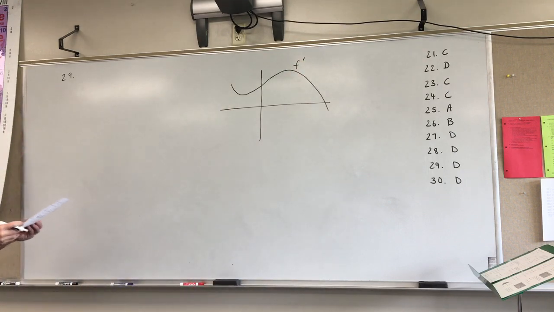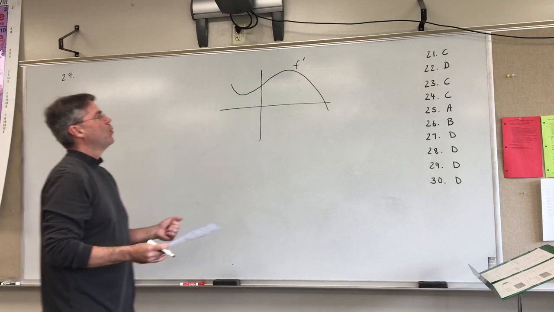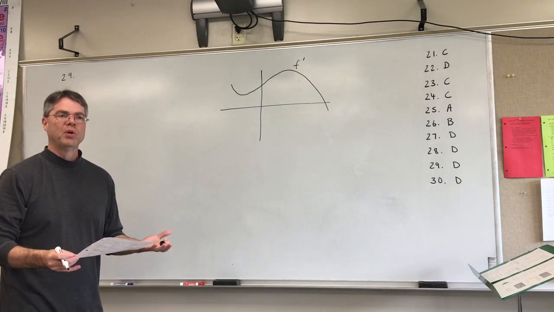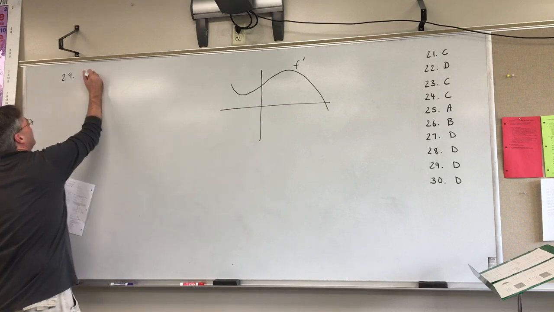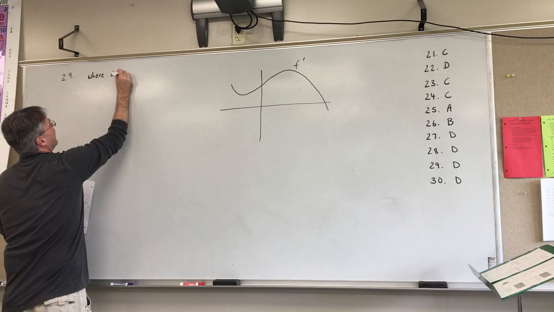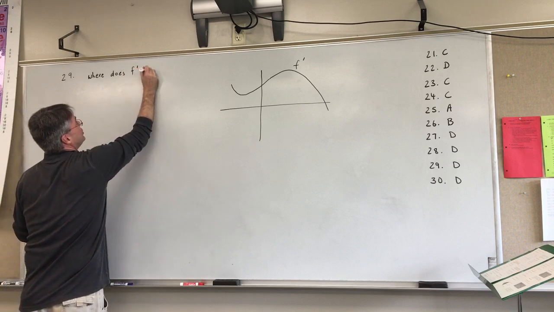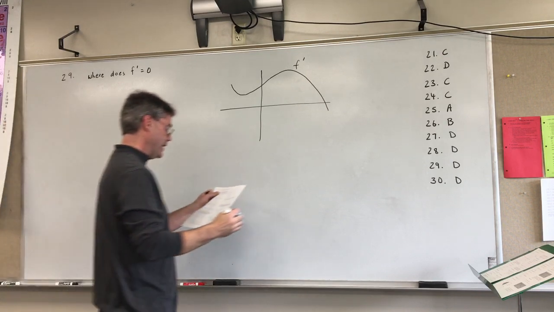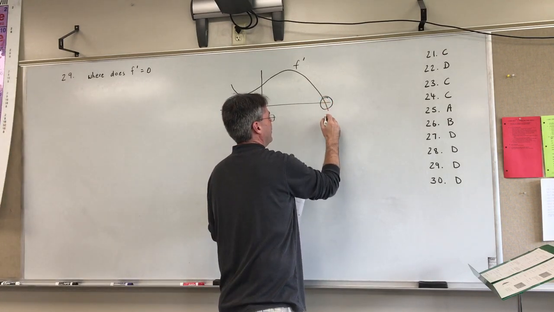It asks at which value the graph of f, the original function, has a horizontal tangent. A horizontal tangent line has a slope of 0, so where does f prime equal 0? That's where f has a slope of 0.